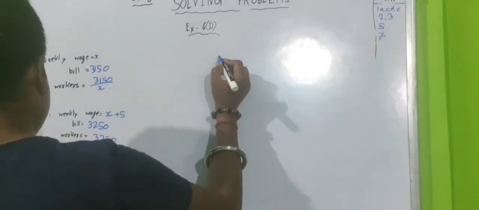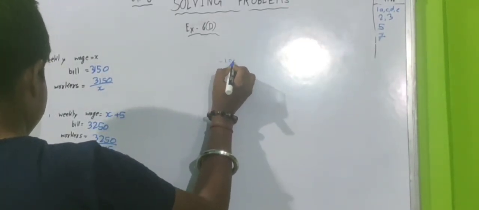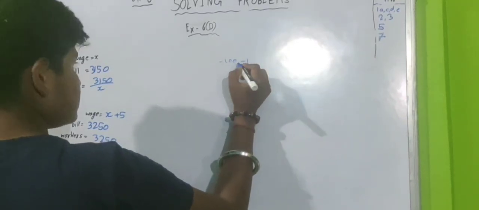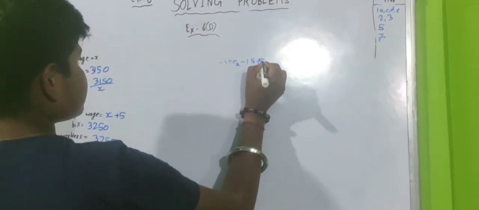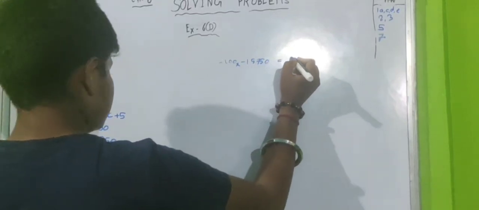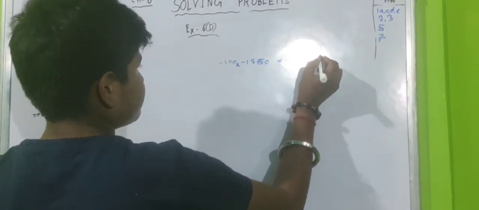Now I'm solving it here. You will get minus 100x minus 15750 is equal to 5x square plus 25x.